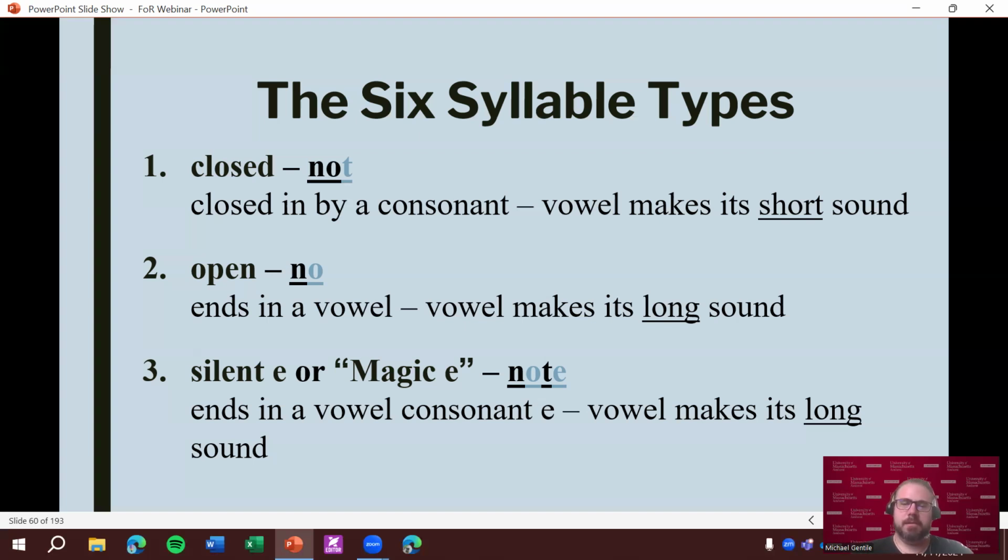So if you want a vowel followed by a consonant, but you want the vowel making its long sound, then in English, we put a silent E after it to denote that the vowel makes its long sound. So here we go. Not, closed, short o. No, open, long o. Note, silent E, long o. Those syllable types, the reason we can categorize them is to tell us what sound O makes.